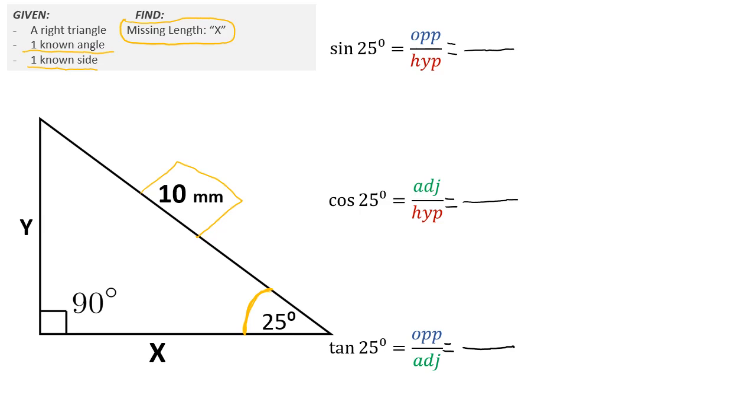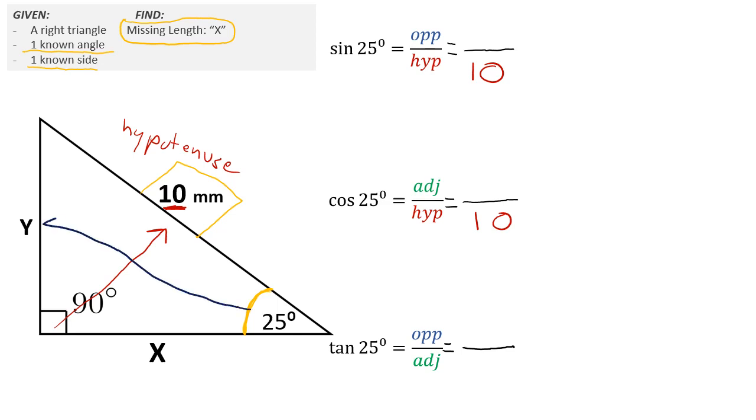So what is the side opposite the 90 degrees? It is the hypotenuse. Well, this time they actually gave us what the hypotenuse is. So anywhere where it says hypotenuse, I'm going to put in a 10. They're asking for 25, so I'm going to look at the side opposite 25.